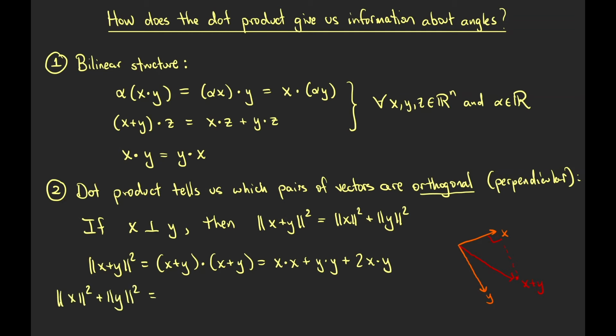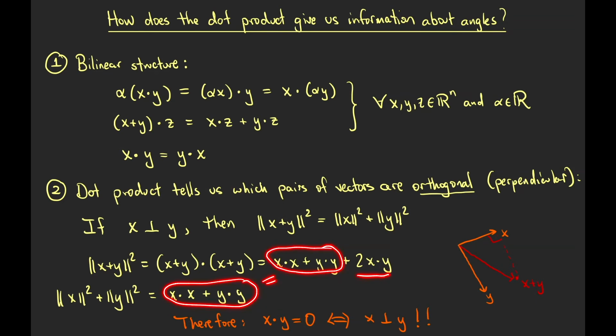Meanwhile, x squared plus y squared is x dot x plus y dot y. And you see that these two things are equal if and only if 2x dot y is 0, that is, x dot y is 0. So x dot y is 0 if and only if x is perpendicular to y, and that's true by the Pythagorean theorem. So you see these two numbers have to be equal, and that means that x dot y has to be 0.